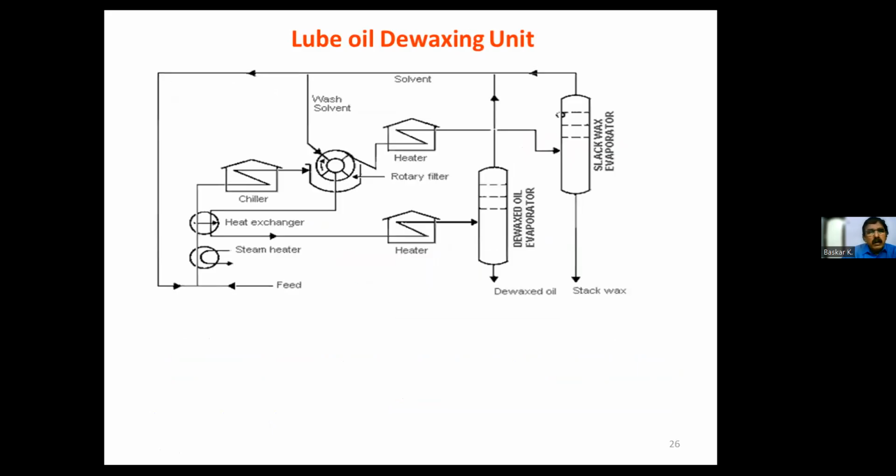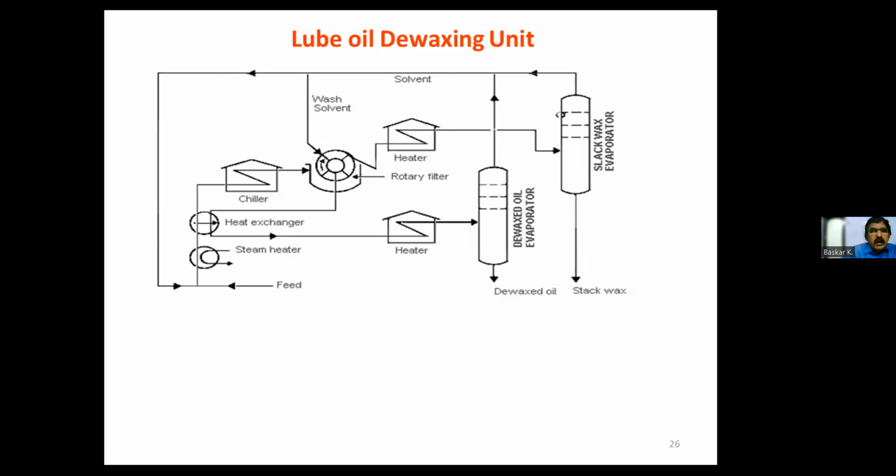And coming to the bottom portion, now that we have taken care of the light ends, we'll go to the bottom portion. Lube oil and wax, right? You can see the feed is taken here and it is getting chilled, so that the wax crystallizes, because any lube oil will have some wax. So the lube oil is chilled to a low temperature using ammonia compressors, and we have a solvent drum.